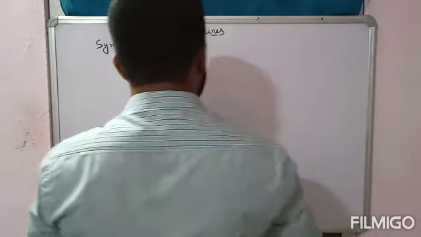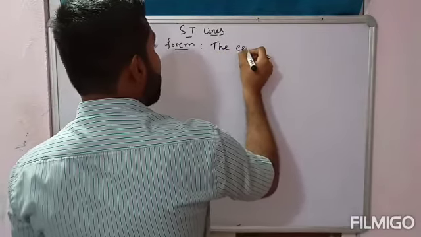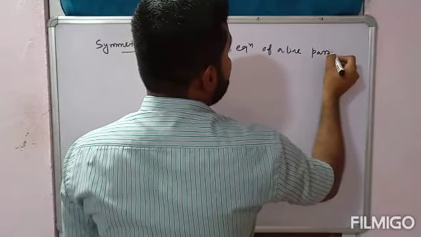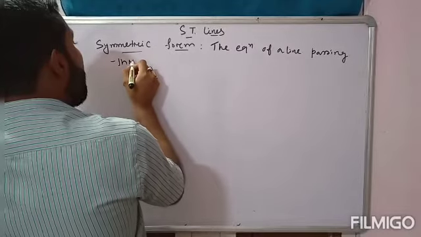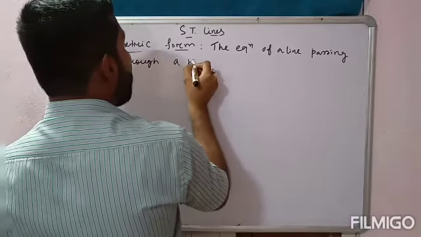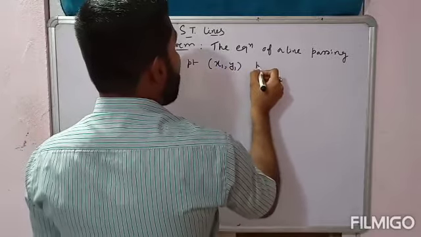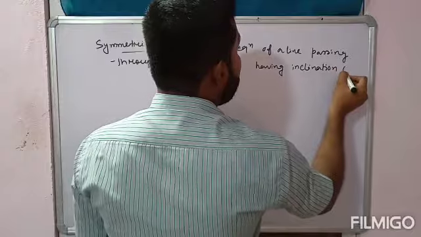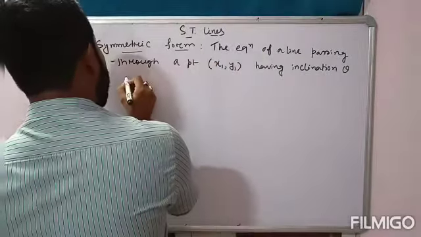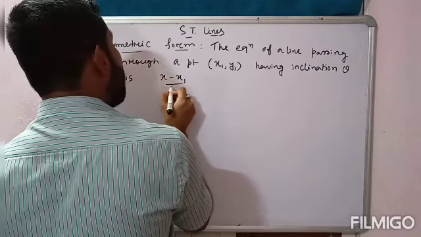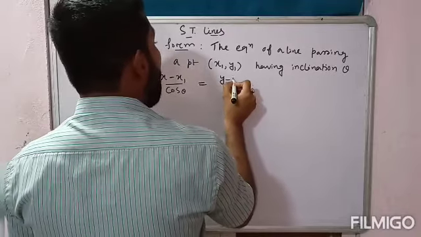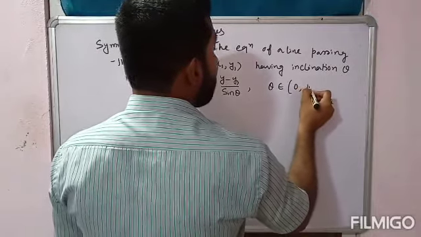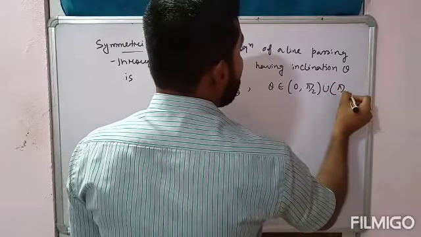So the equation of a line passing through a point x1, y1 having inclination theta is x minus x1 by cos theta, which is equal to y minus y1 by sin theta, where theta belongs to open bracket 0 to pi by 2 union pi by 2 to pi.